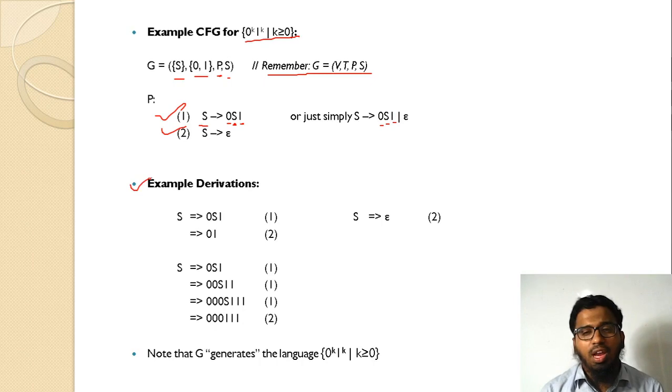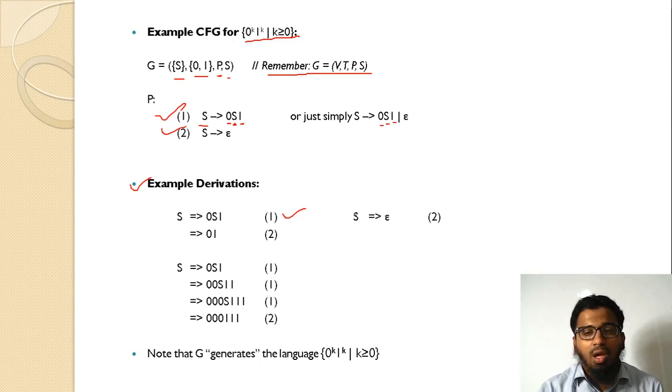In the same way, now we will see the derivation of this grammar. Here we have the grammar now, and we need to find the derivation. S is 0S1. This is equation 1.